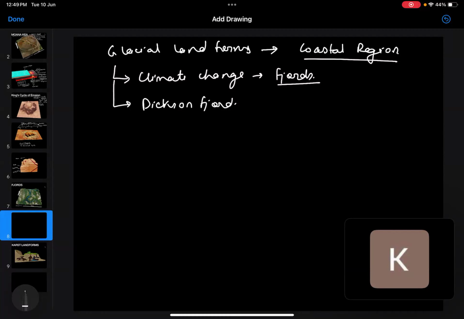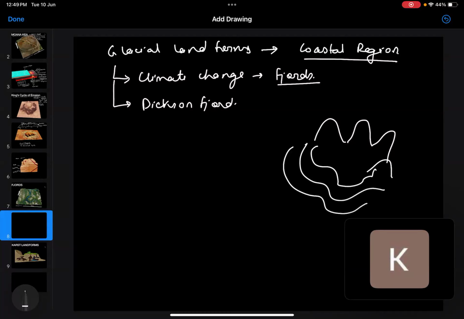We will see here that we have certain mountains, and these mountains are near the coastal area. Okay, so this is one important part.